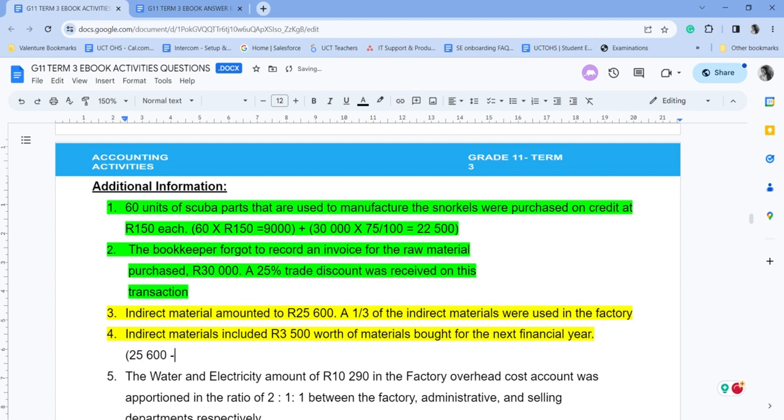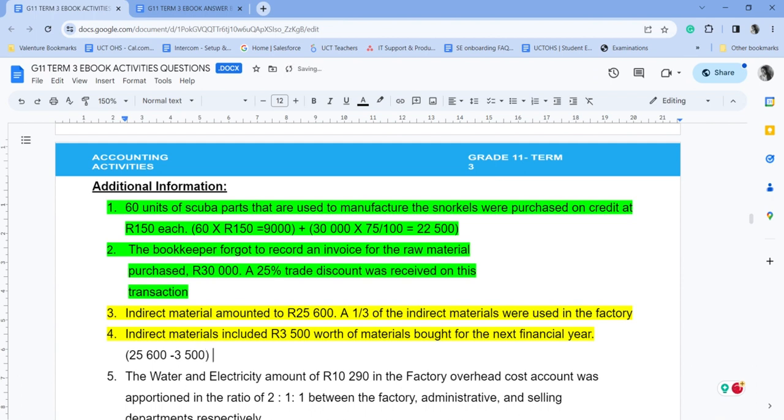And out of this 25,600, they've included something that is for the next accounting year, which is 3,500. So I'm going to minus that because it is something that is for the next accounting year. This is a prepayment. I don't know if it makes sense. So if it's something for the next accounting year, then I have to minus it from this year. You get it.